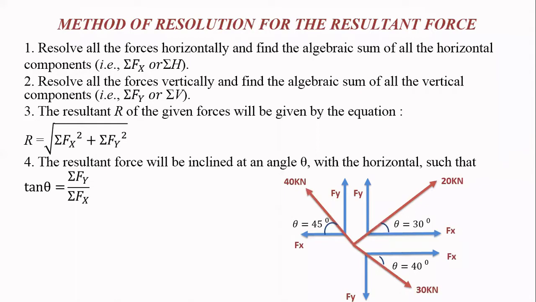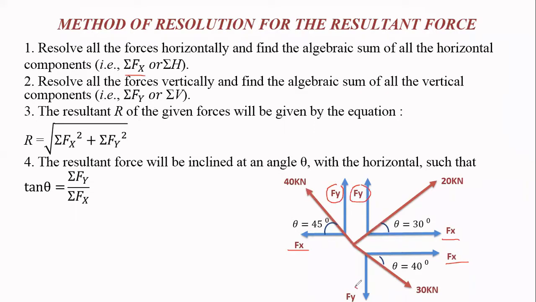After the resolution, the next step is that we have to find the resultant. How will we get the resultant? R is equal to square root of summation Fx square plus summation Fy square. It means that whatever the horizontal forces may be, here are three horizontal forces 1, 2 and 3. We make the summation of all these forces, summation Fx, and find that value. Similarly, we calculate the summation of all vertical forces.